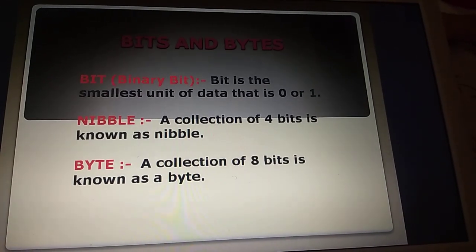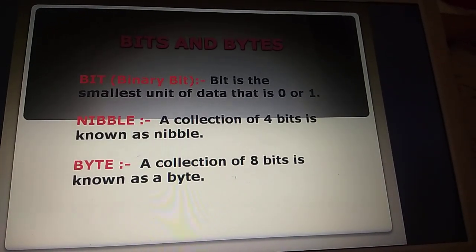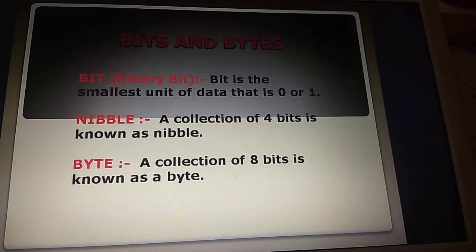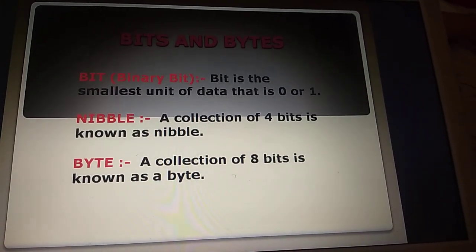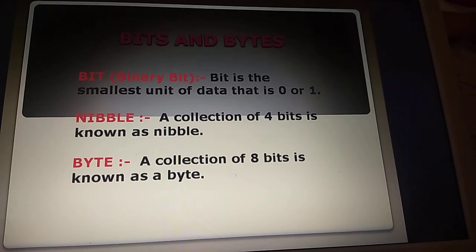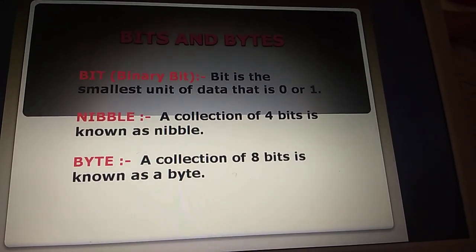A collection of 4 bits is known as a nibble, and a collection of 8 bits or 2 nibbles is known as a byte.